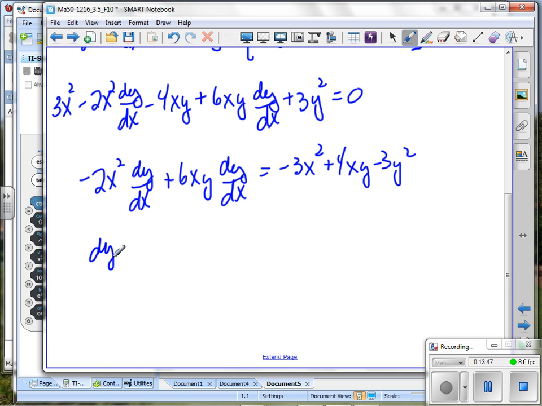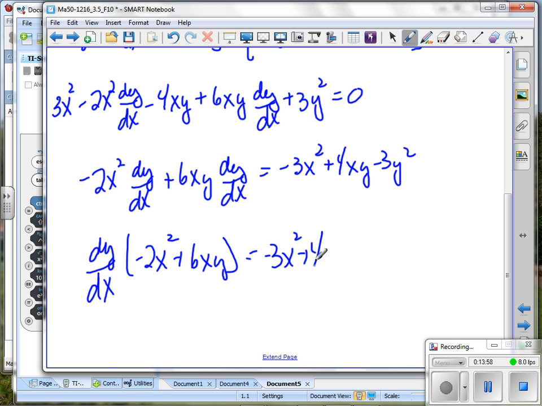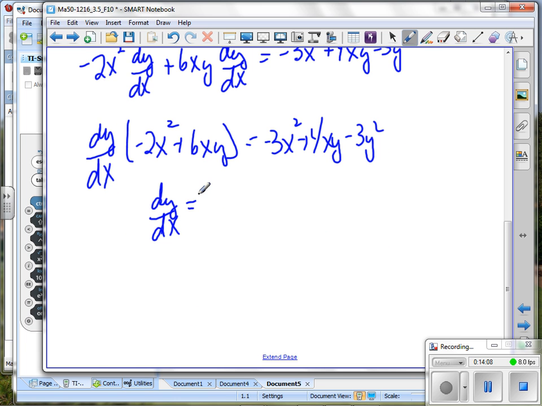And now I can factor out a dy dx. And I can divide. I can isolate, I can solve for dy dx.